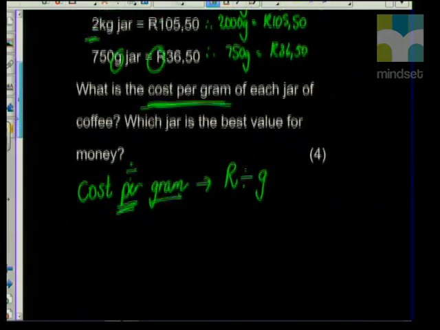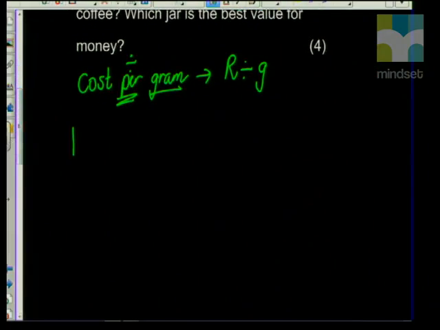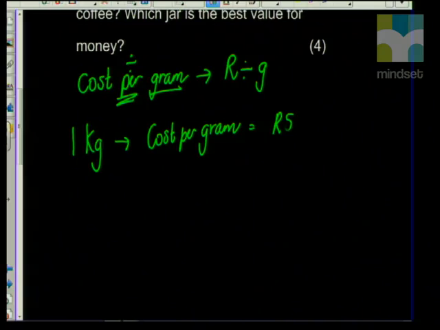Now I need to change those to be cost per gram. So let's do our calculations. My 1 kg jar, my cost per gram is going to be my cost. What is the cost of this? It's 53 Rand 50. And I'm going to divide it by 1,000. This will give me 0,0535.